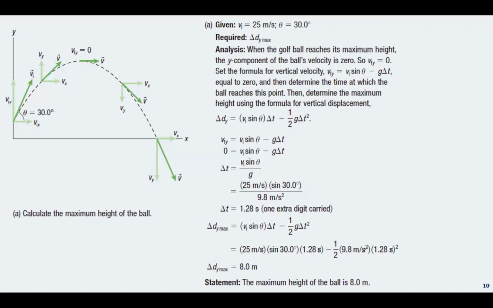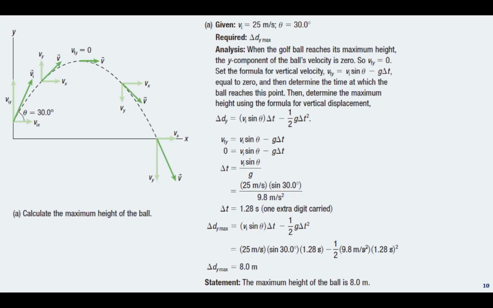We are given the initial velocity of the ball is vi equals 25 meters per second, and the angle that the initial velocity makes with the positive horizontal direction is 30 degrees, and we require the delta dy max. When the golf ball reaches its maximum height, the y component of the ball's velocity is 0, right?